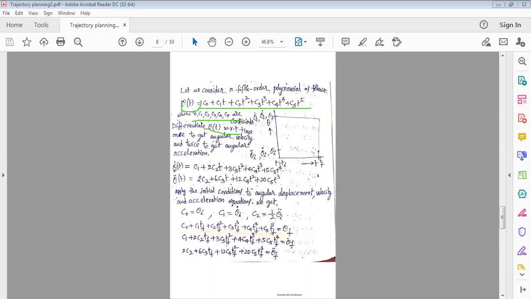So theta dot of t, this equation, represents angular velocity, and this equation represents angular acceleration. The curve will be in between initial and final. It may be a smooth curve.